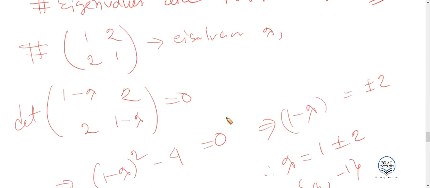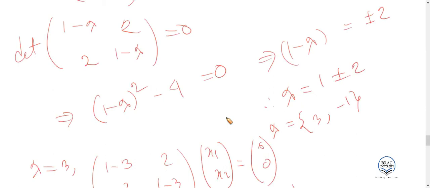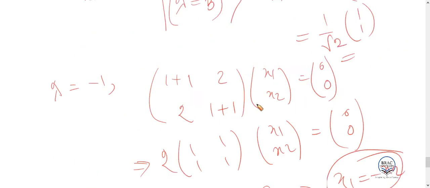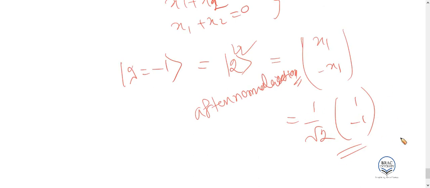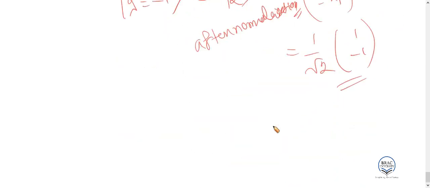Alright, and again, if you recall, these eigenvectors are the vectors that just get scaled. So for example, in the last example we saw that this is the eigenket when the eigenvalue is -1. So how can you verify that?